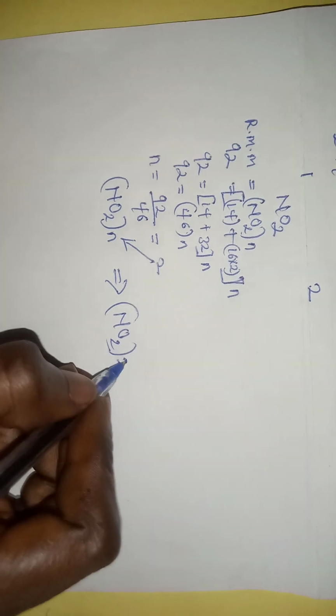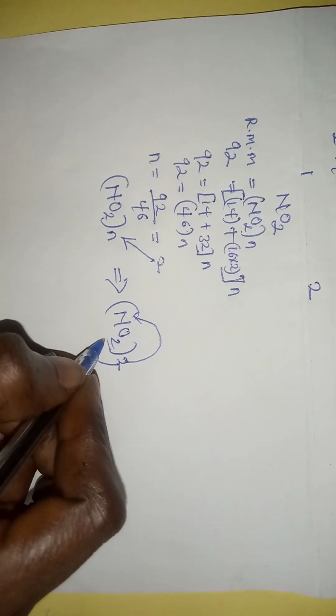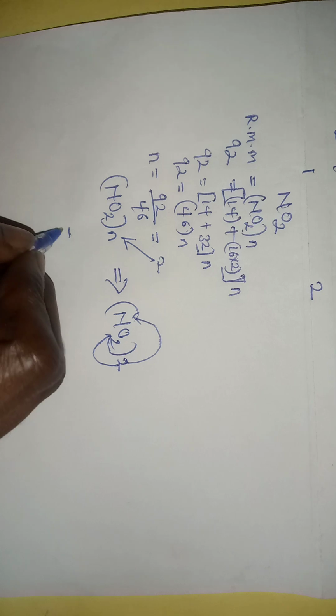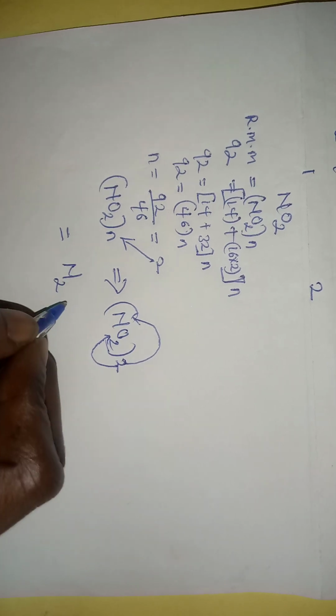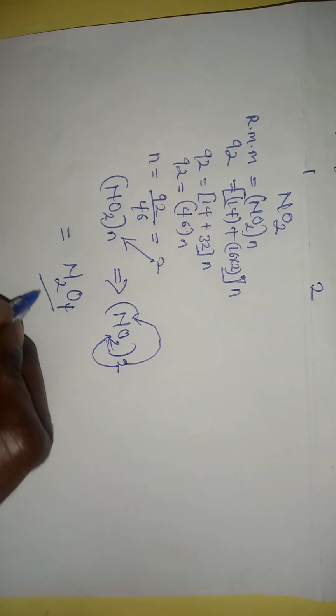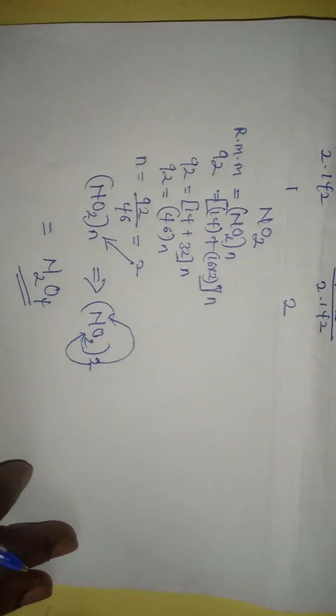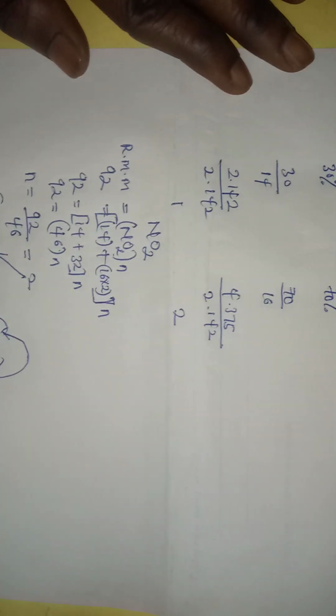We multiply this 2 with the N and with the O2, so the final answer is N2O4. This is the molecular formula.